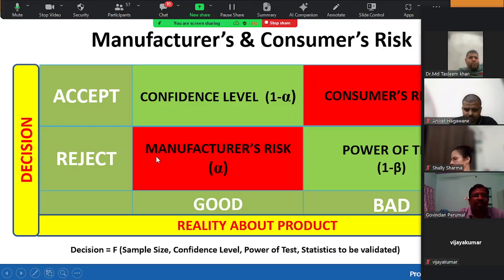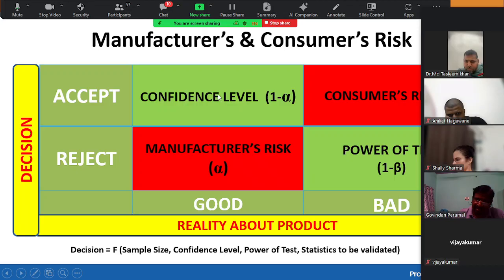Whose risk is this? Manufacturers. Therefore, just try to remember this block and this will clear everything for you. If the product is actually good and we have somehow rejected it, this risk is called manufacturer's risk, also known as type 1 error, and the symbol is alpha.